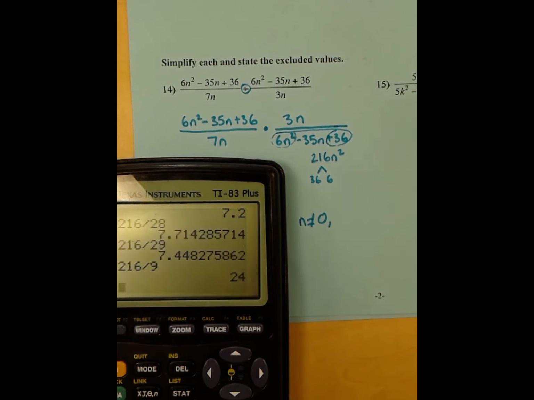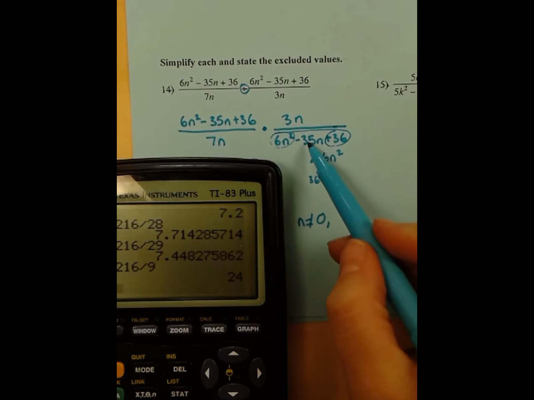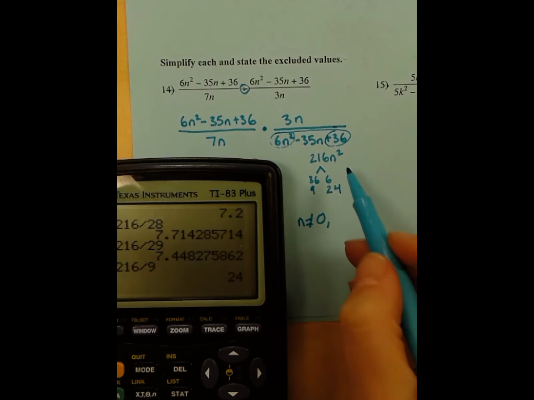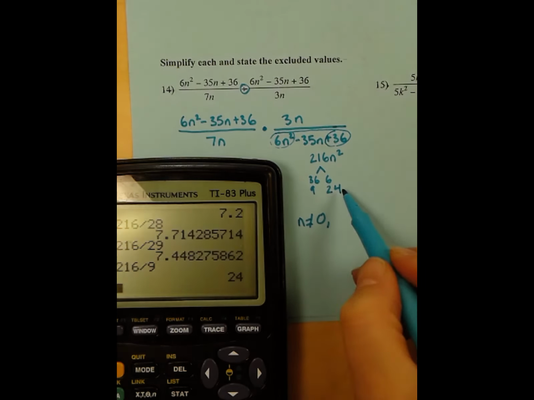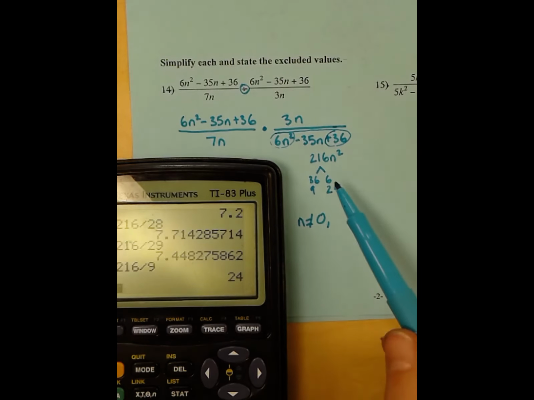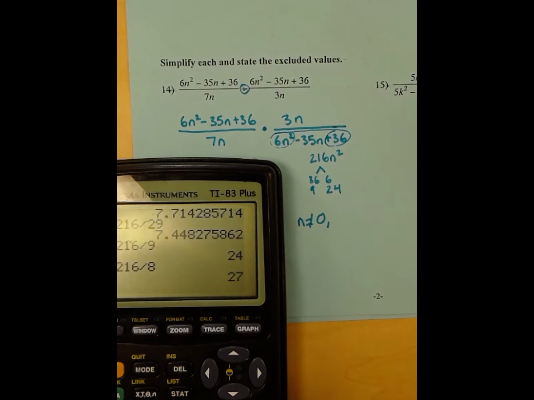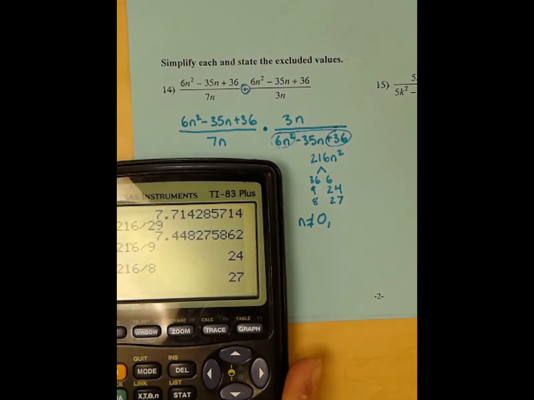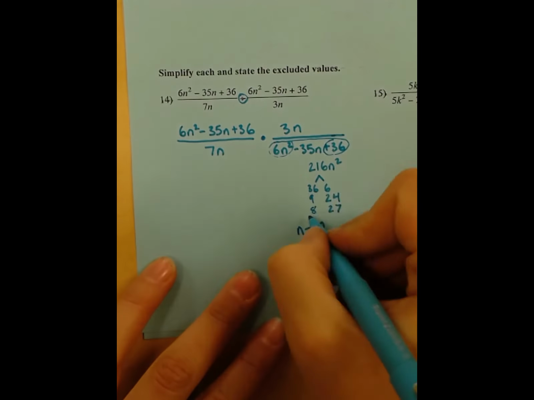Hmm. 9 and 24, did that work? 9 plus 24. Dang, I'm closer though. So 8 and 27. There it is. Took some time, but we got it. And both of these need to be negative.